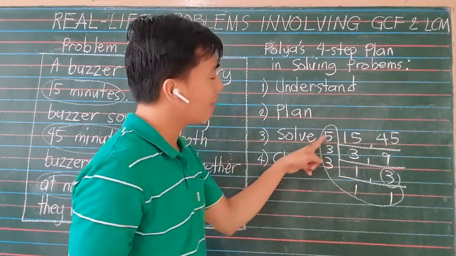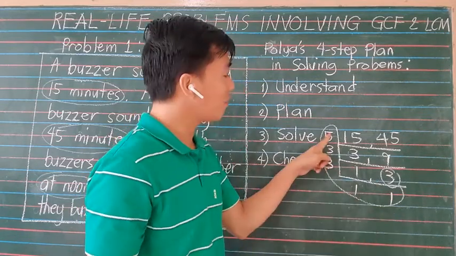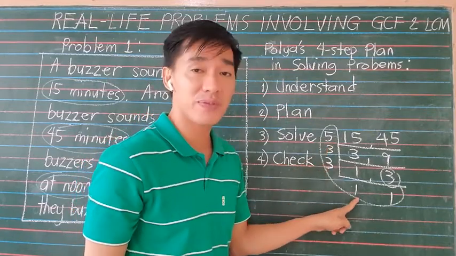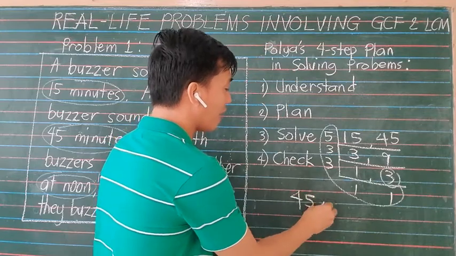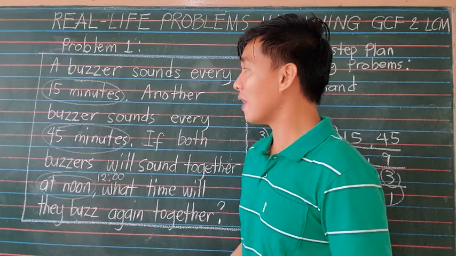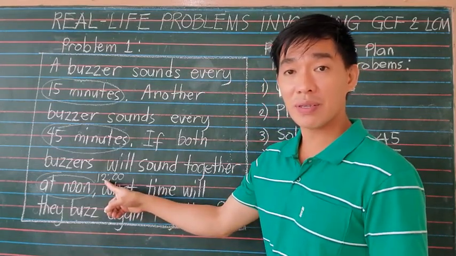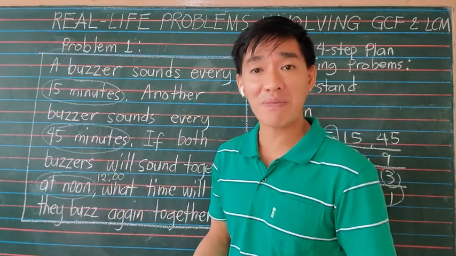You multiply 5 times 3 times 1 times 3 times 1 times 1. 5 times 3 is 15. 15 times 3 is 45. Times 1 is 45. Times 1 is 45. So, after 45 minutes. It simply means that if they buzz together at 12 noon, the next time that they will buzz together is after 45 minutes.